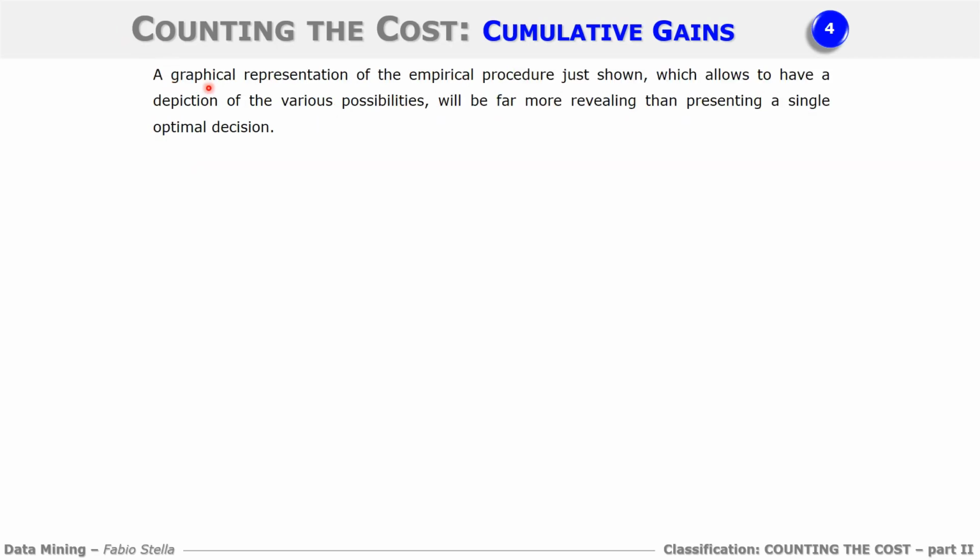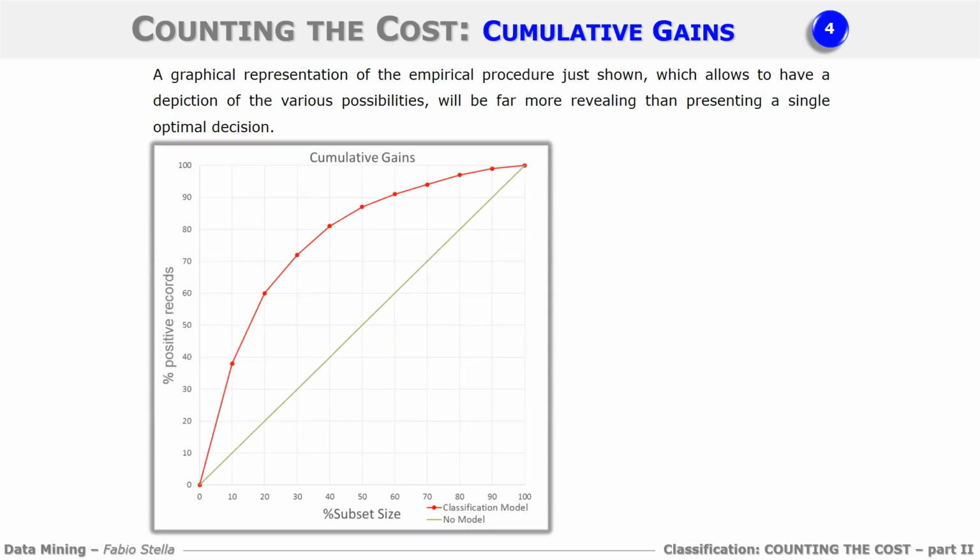A graphical representation of the empirical procedure just shown, which allows a depiction of the various possibilities, will be far more revealing than presenting a single optimal decision. We now introduce the cumulative gains diagrams.